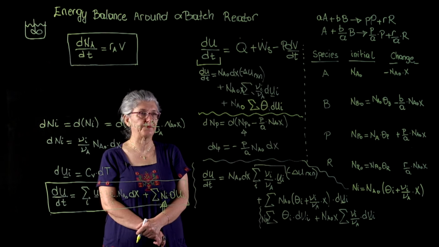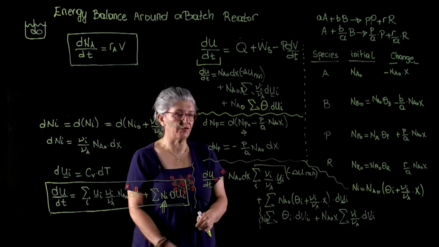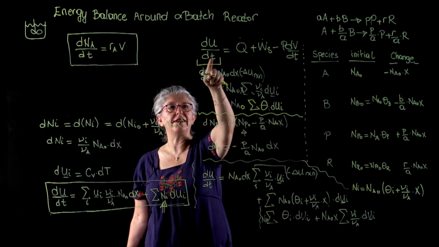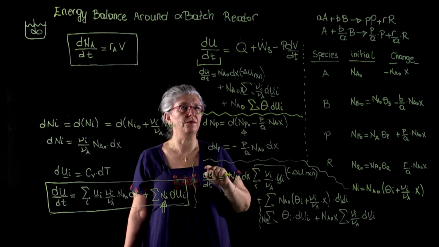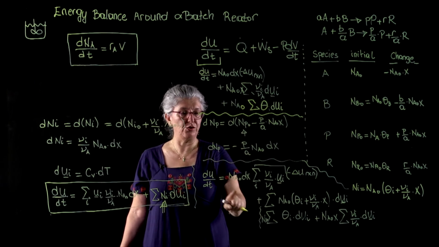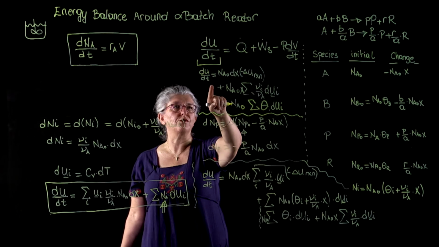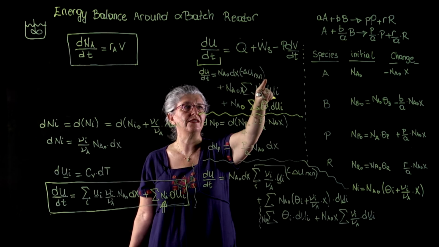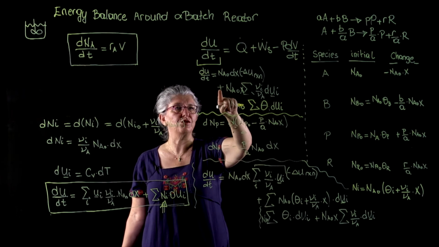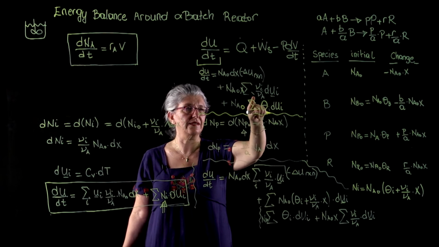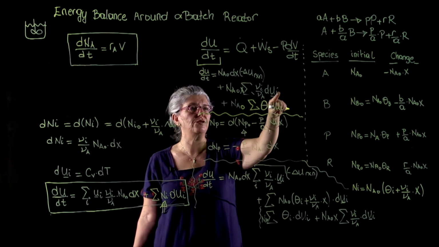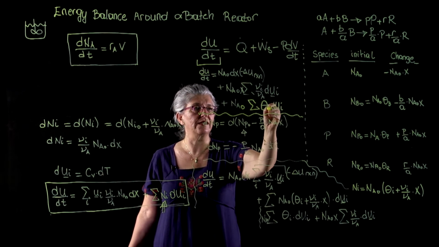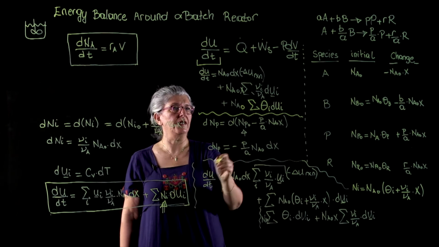Now we continue. I have transferred the expressions that I have derived here right underneath the du over dt term. We have du over dt comprised of three terms. The first term is Na0 dx times minus delta U of reaction. The second term is Na0x summation over nu I over nu A dui. And the third term is Na0 summation of theta I times dui.